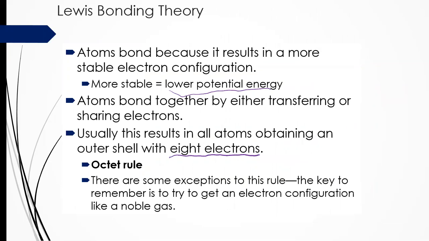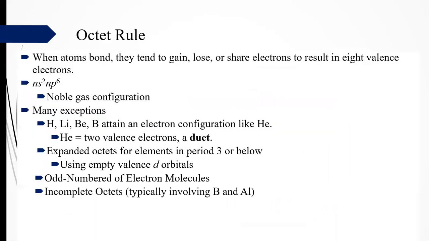There are some exceptions, but in general, what we're trying to do is attain an electron configuration similar to that of a noble gas. If you remember, a noble gas has the configuration ns2 np6. In total, we have 2 electrons in the s plus 6 electrons in the p, and that's where we get the octet from.